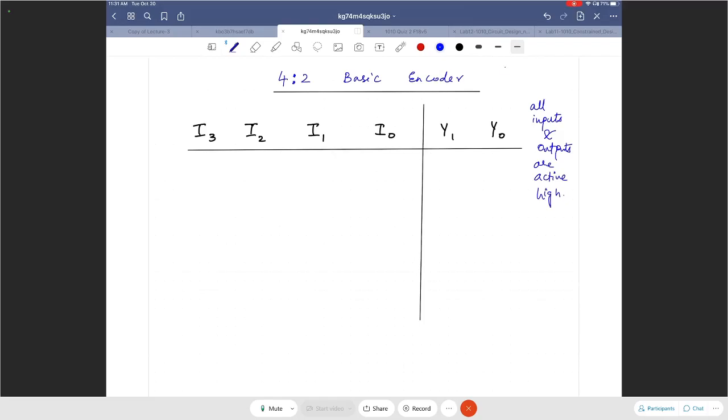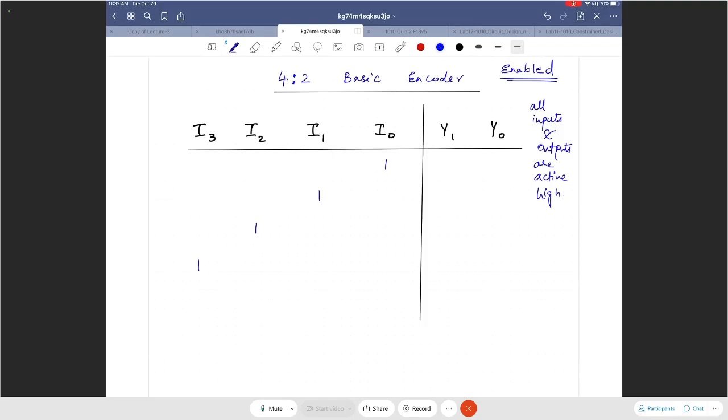And we are assuming that this is an enabled encoder. And it is a basic encoder, so the user can only have one input active. What are the possibilities? Well, this guy could be 1, or this guy could be 1, or this guy could be 1, or this guy could be 1, right?